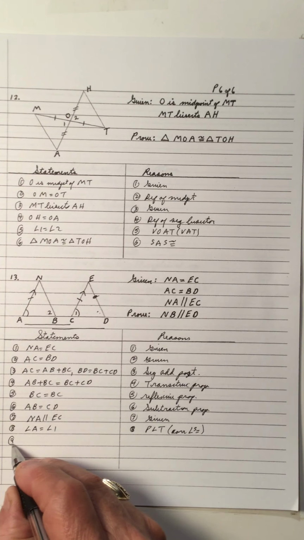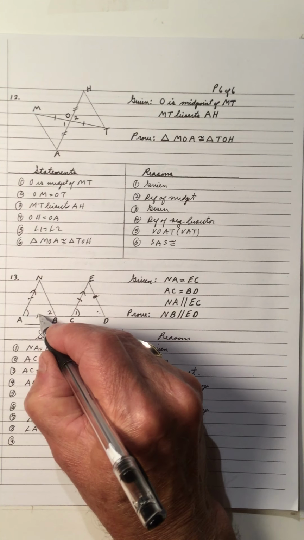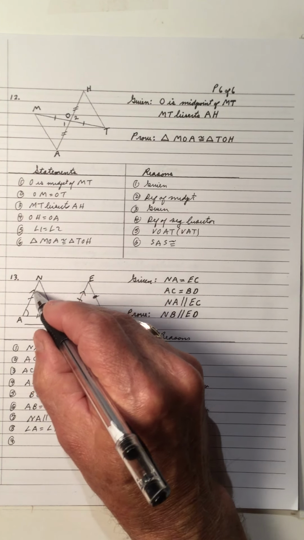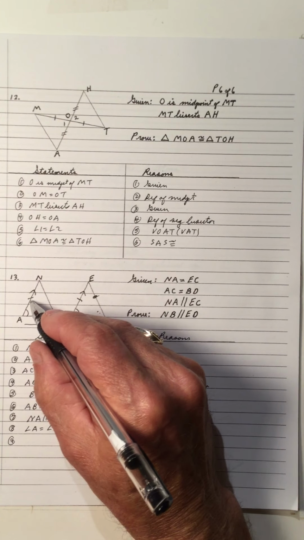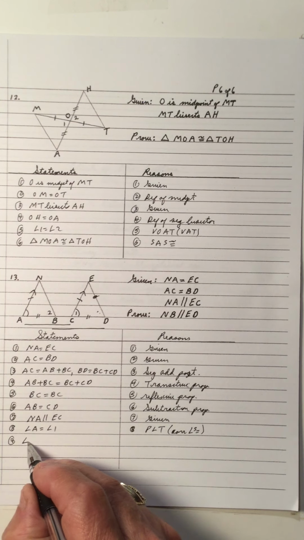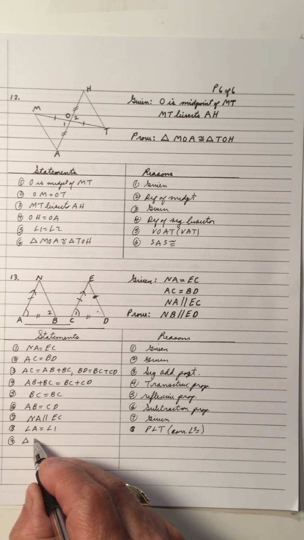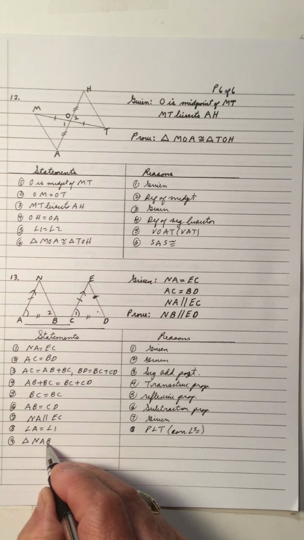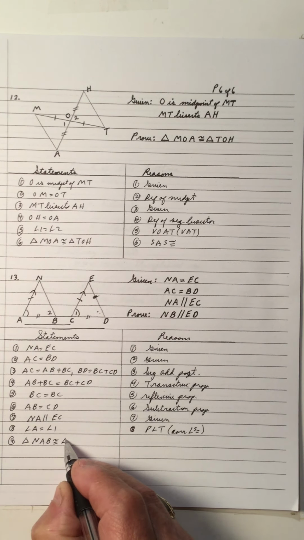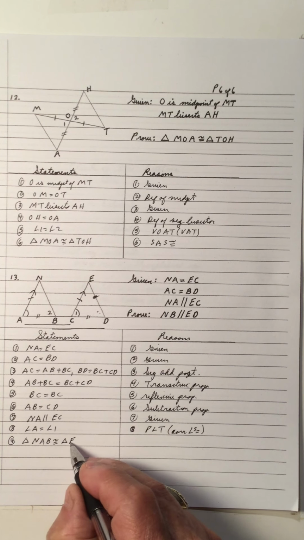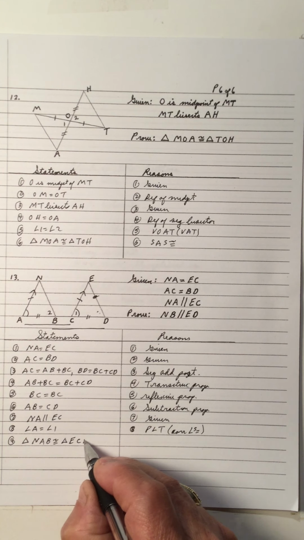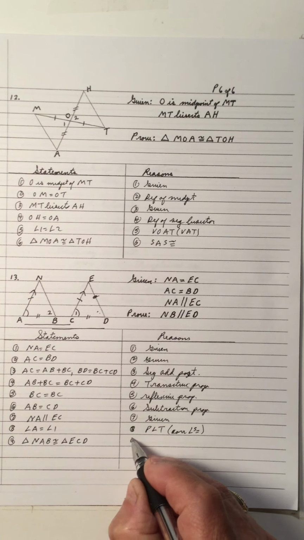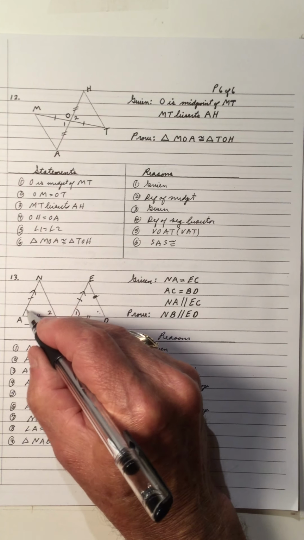That means we have AB equals CD, we have NA equals EC, and we have these angles equal, so the triangles, let's see, N, A, B, N goes with E, A goes with C, and B goes with D, and that's a side angle side.